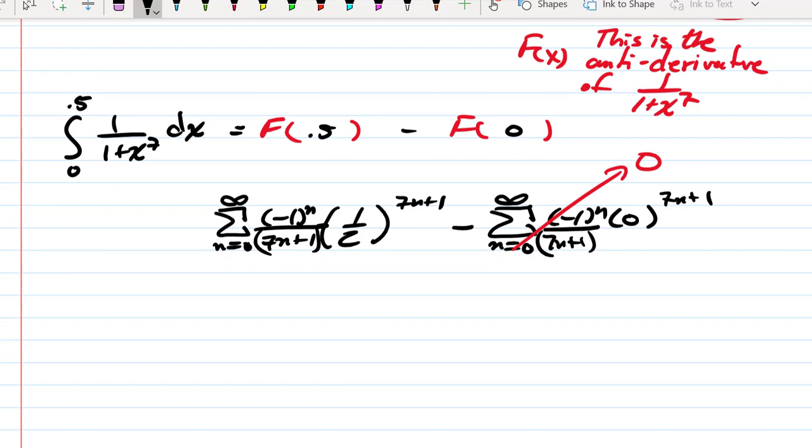So the value of this antiderivative then is the sum of this series.